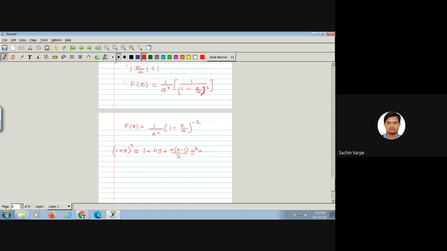Am I right? Yes or no? Yes, sir. So this is the binomial expansion formula we can use for this.